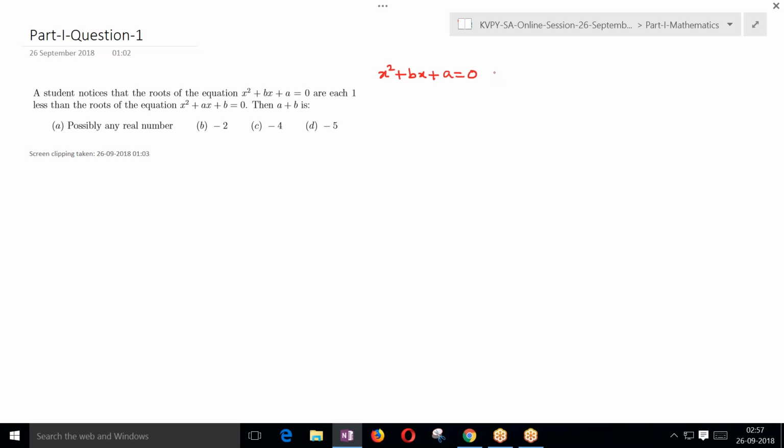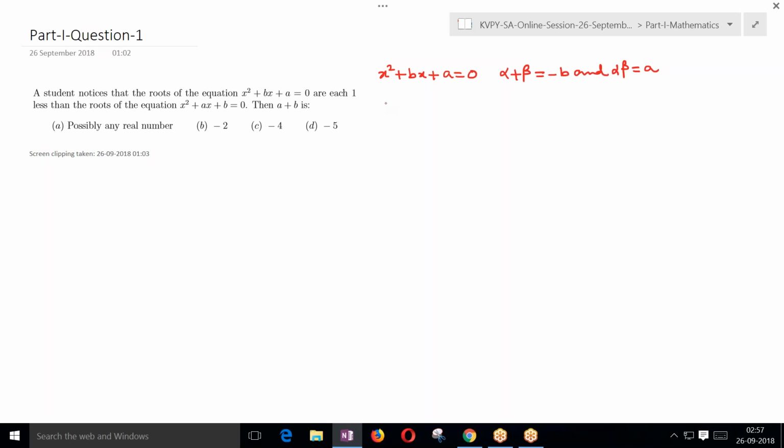Let us consider that it has roots alpha and beta. Then by means of the relationship between roots and coefficients, we can conclude alpha plus beta is equal to minus b and alpha into beta is equal to a.